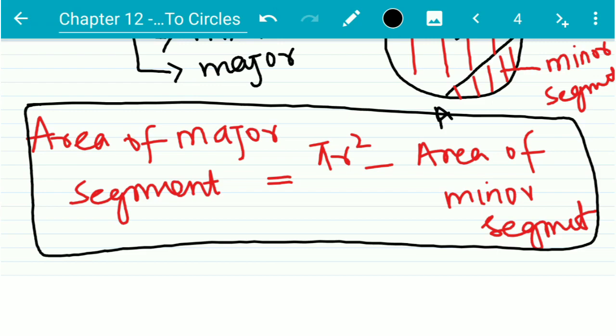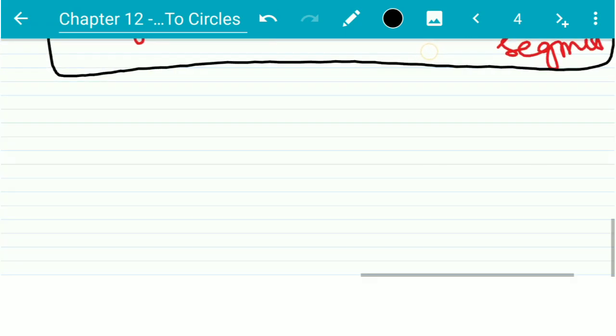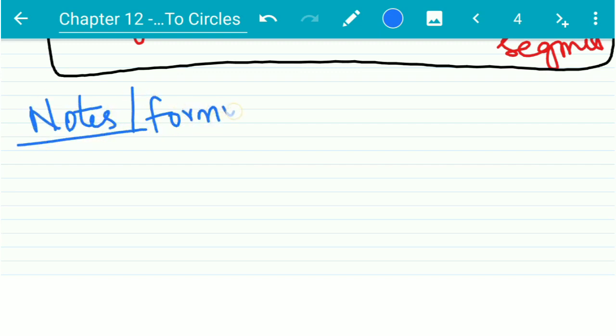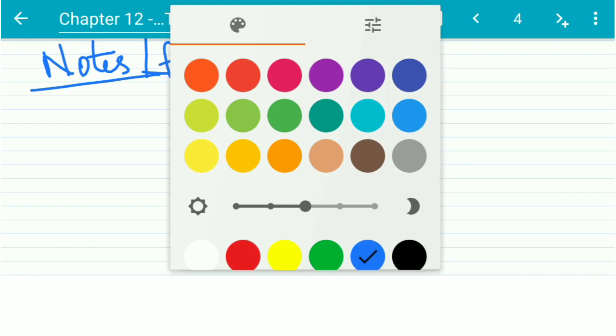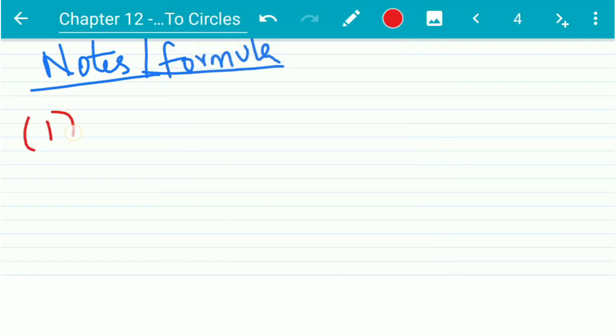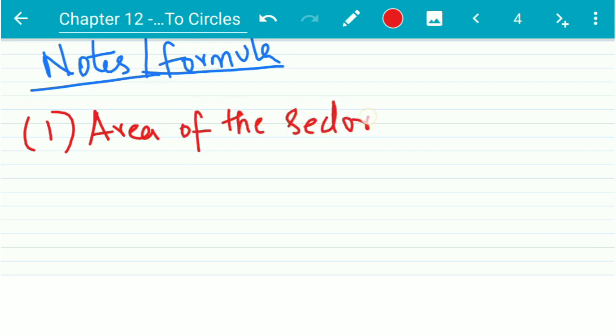After this, you have some important notes or important formulas. Write down two notes or you write important formulas. First one, number 1 is how to find the area of a sector. Okay, formula, area of the sector of angle theta.